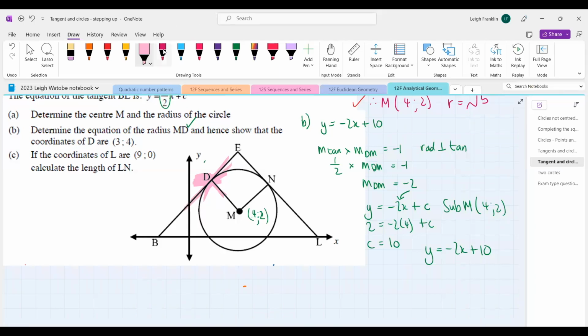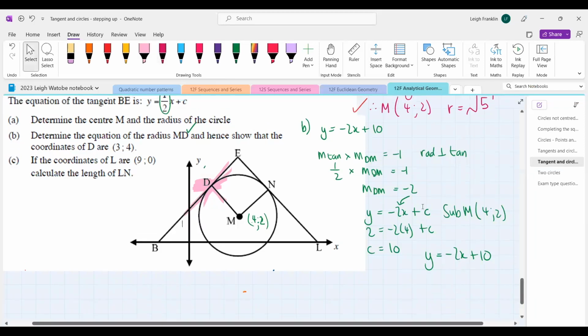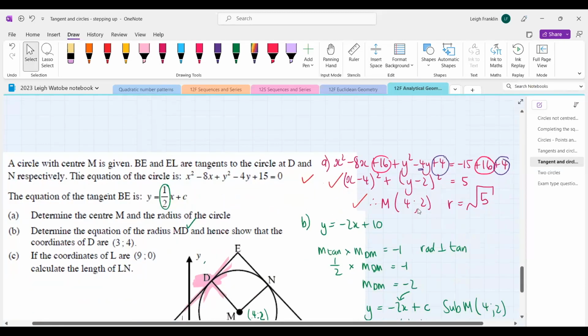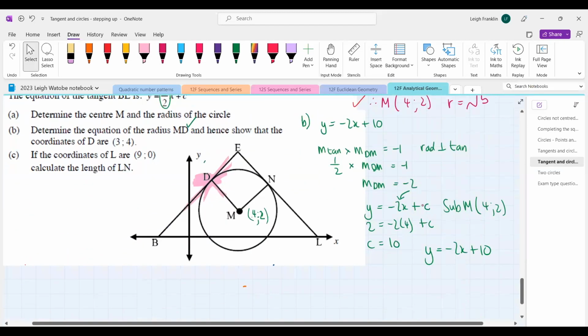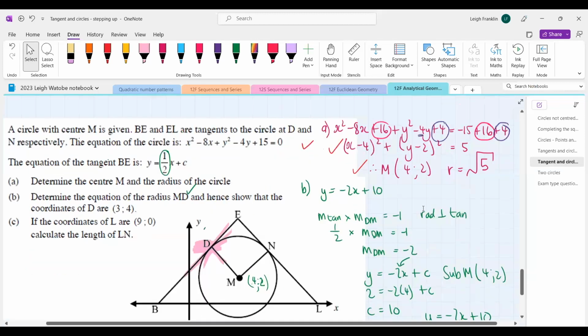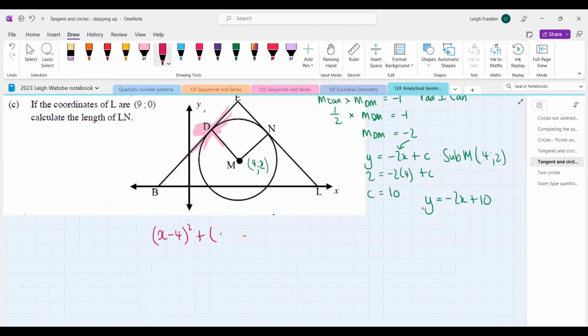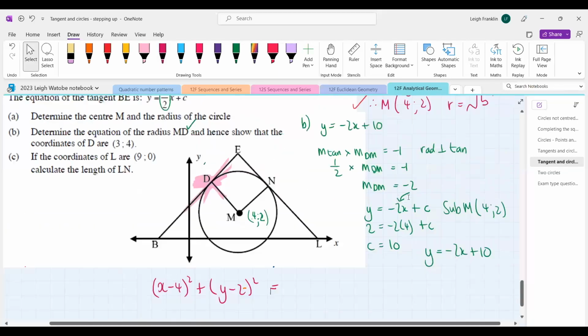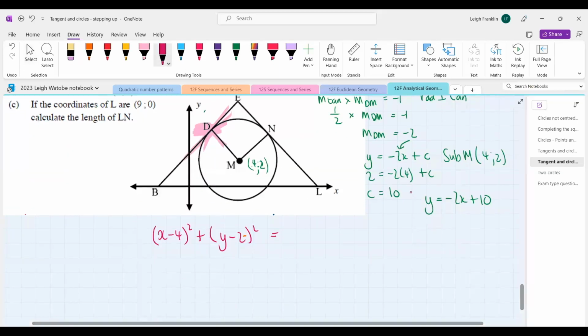What they actually want us to do here is to solve simultaneously using the equation of the radius and our circle. Okay, so our circle is x minus 4 squared plus y minus 2 squared is equal to 5.